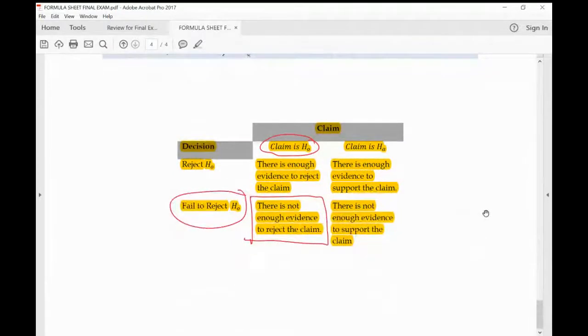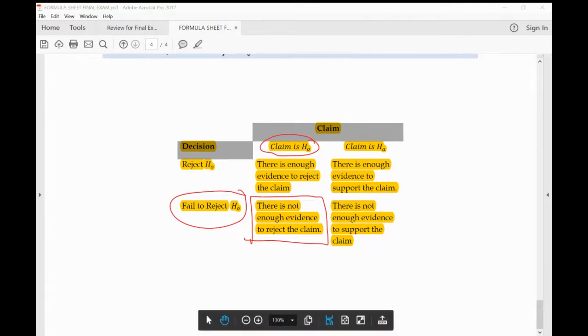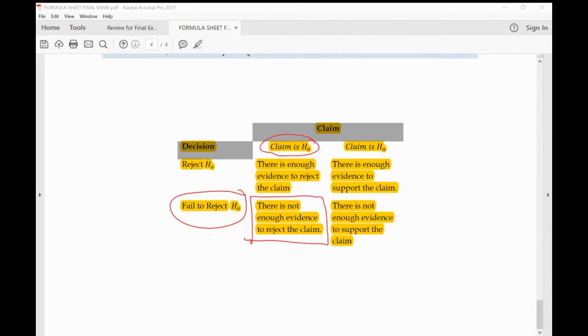I need to go back and look at my problem again. Was my claim the null or was my claim the alternate? When I look at my problem, our claim was the null, wasn't it? Yeah, our claim was the null.